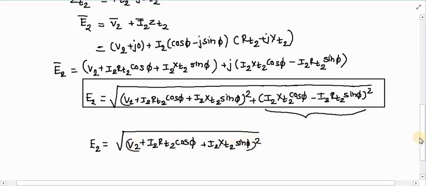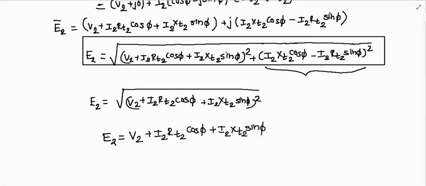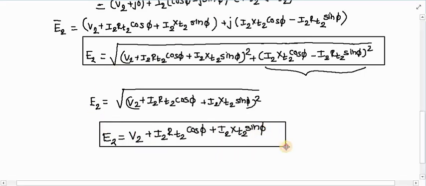Or I can write E2 equals V2 plus I2 RT2 cos of phi plus I2 XT2 sine of phi. So this will give me the equation for E2, right?